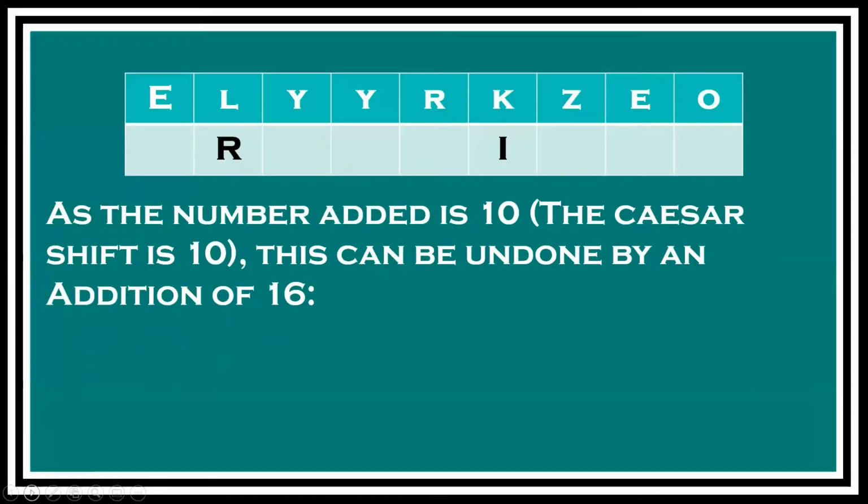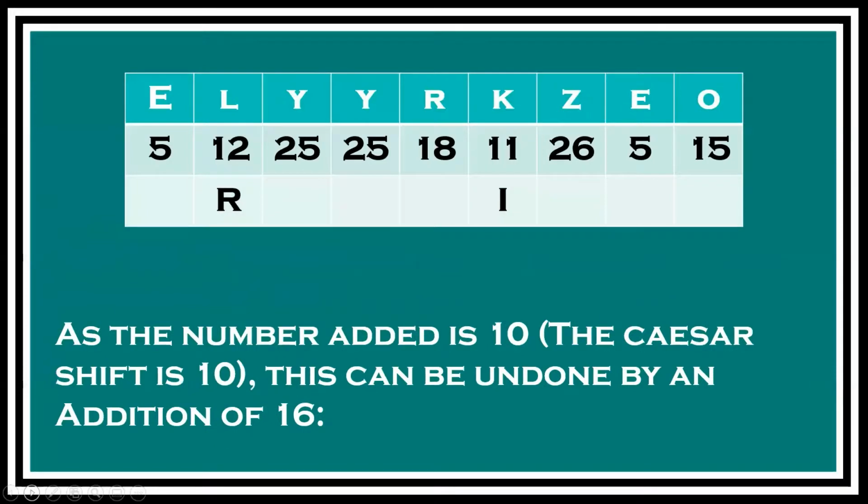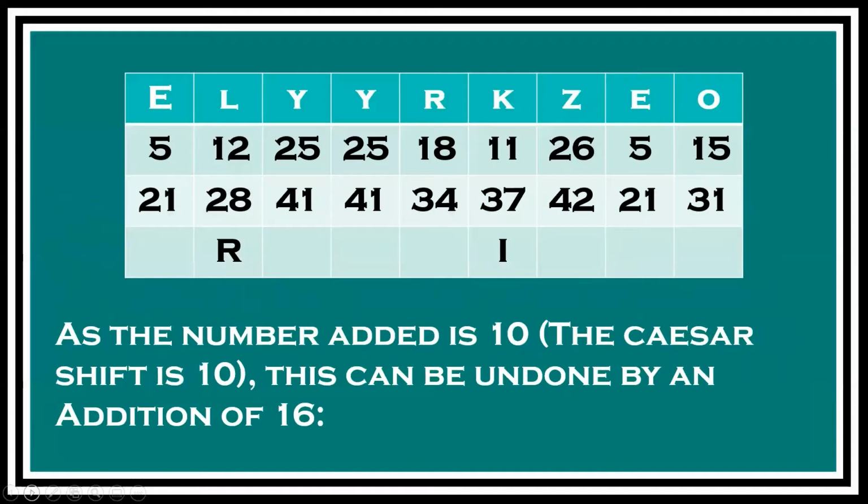Now, as the number added when encoding is 10, that's what we've just worked out. We can undo this by adding 16. Now, remember that 26 minus 10 is 16, and we're undoing that addition by 10 by adding 16.